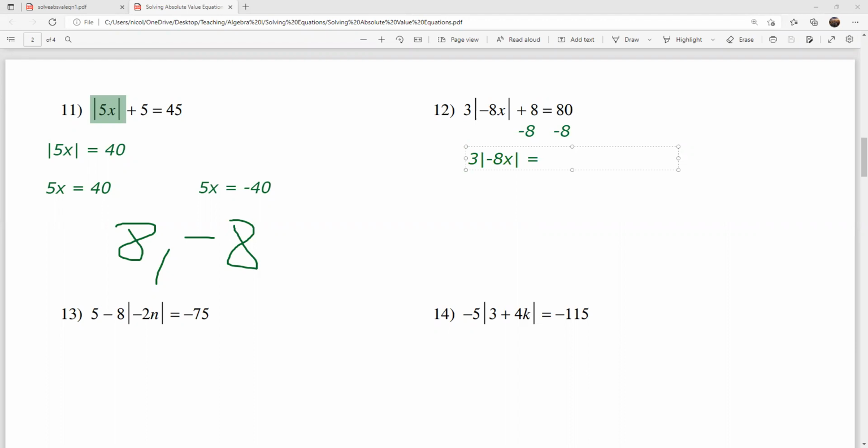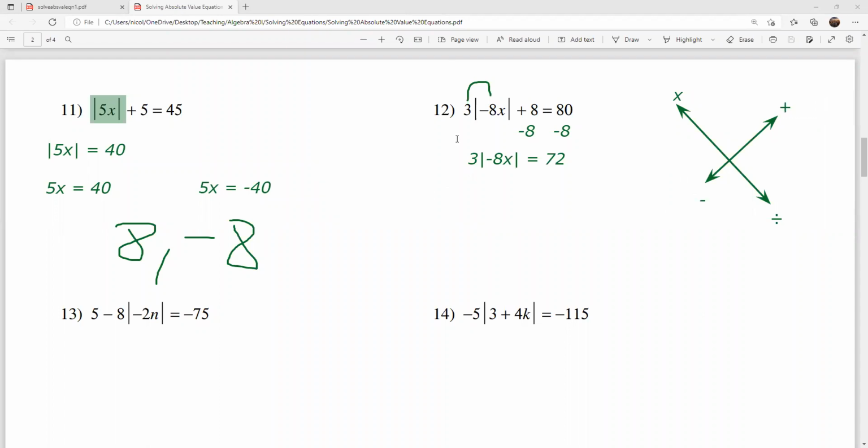So for this one, I'm isolating the absolute value. I minus 8 to the other side. This means 3 times the absolute value of negative 8x. And remember, rules of solving equations, if something is being multiplied, to move it to the other side, you divide it. When something's being added, you subtract it, and vice versa.